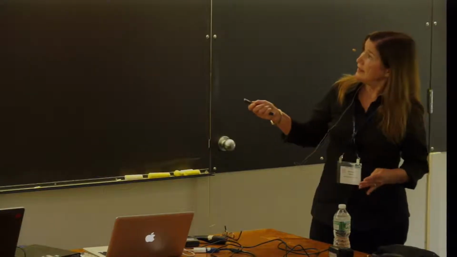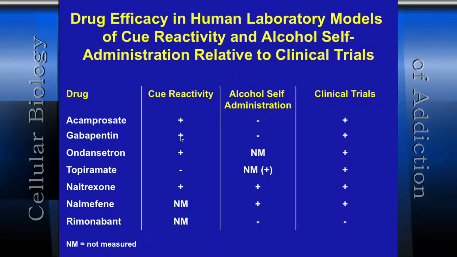So what's important down here is rimonabant, which is a CB1 antagonist, and the endocannabinoid system is certainly involved in the reinforcing effects of drugs.